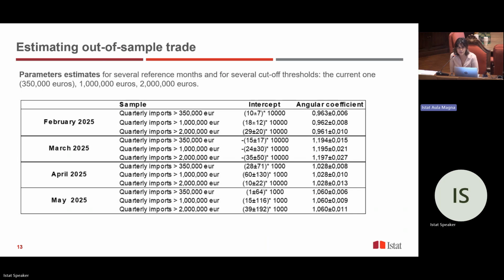And this is good news, which allows us to think about estimating total trade statistical value from the proxy using the estimated parameters from traders above the threshold, so the ones which will go on reporting. So estimating such parameters and applying them to the proxy for the traders below the threshold will give us the total trade of the exempt traders.